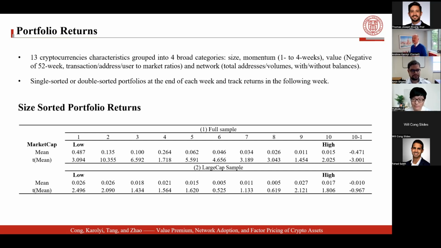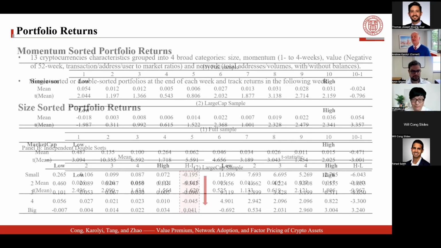And what you can see here is that when you broaden it, the small minus big, you get a much larger spread when you include much more of the truly smaller capitalized tokens out there that are trading in the marketplace. Very affirming of the importance of building out the broader sample to get a full characterization. So the small size effect is actually much stronger than what we thought before.